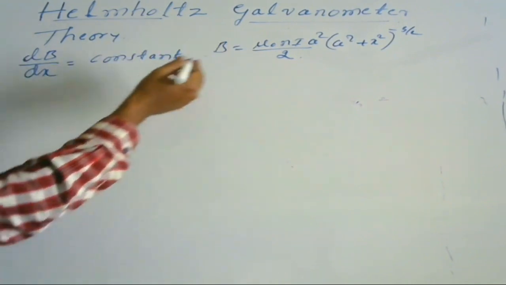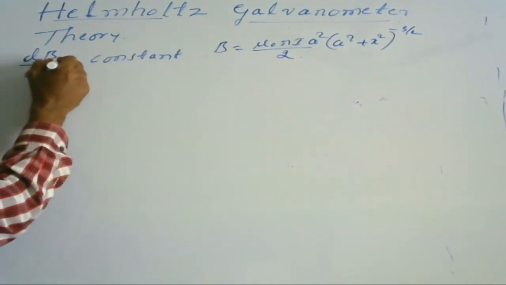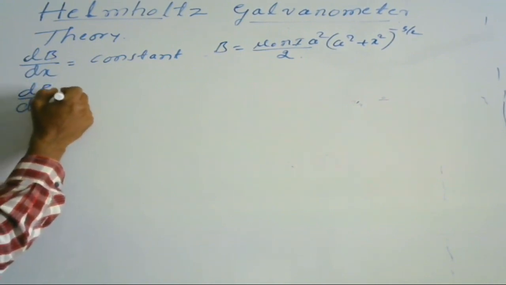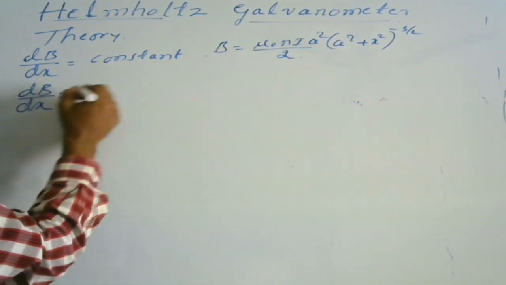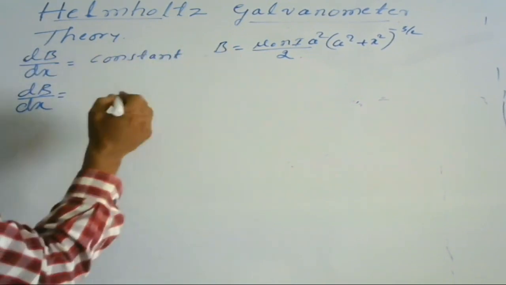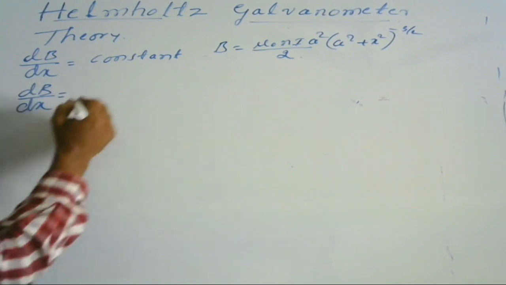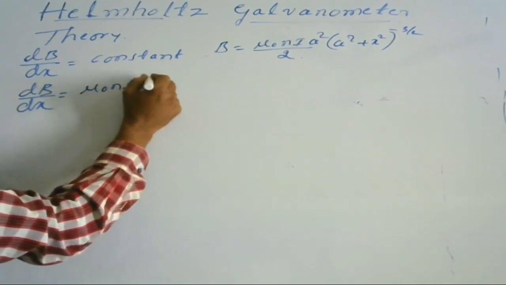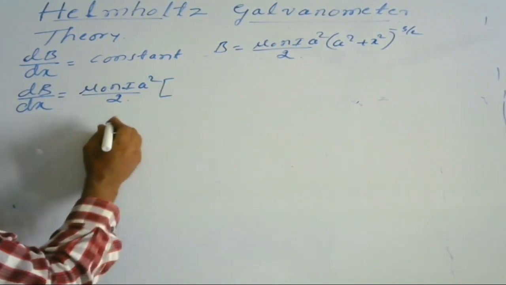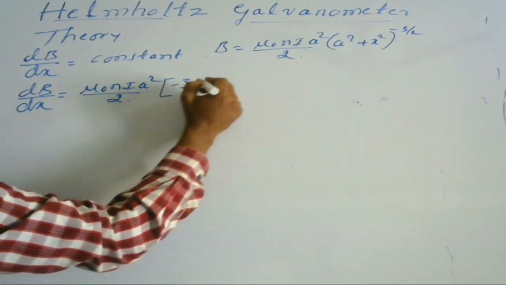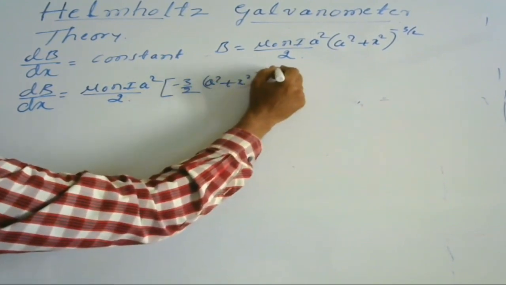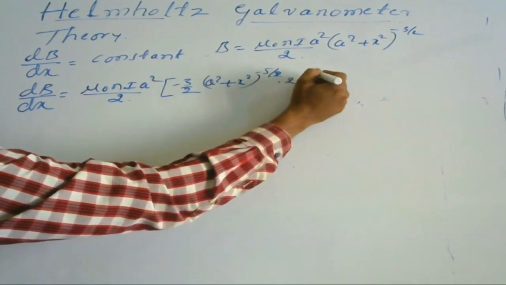On inserting the value of B in this differential form and differentiating B with respect to x, we can write this as mu naught N I A square divided by 2 into minus 3 by 2 into (A square plus x square) raised to minus 5 by 2 into 2x.